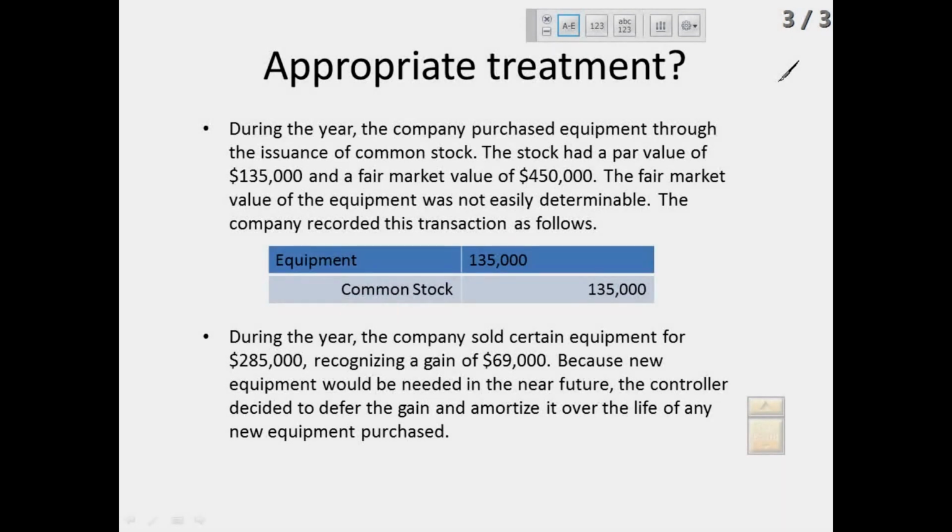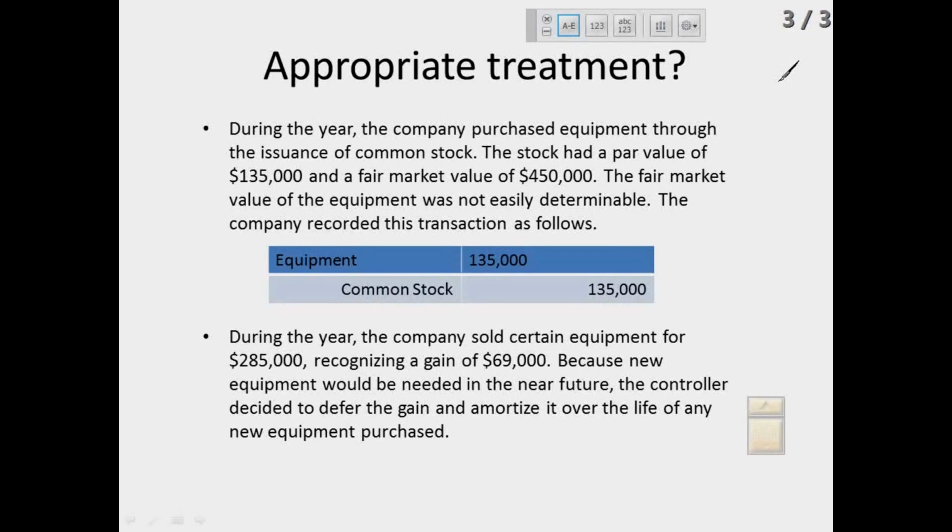Okay. So, is your answer consistent with historical cost? It is. Okay. So here's the thing.